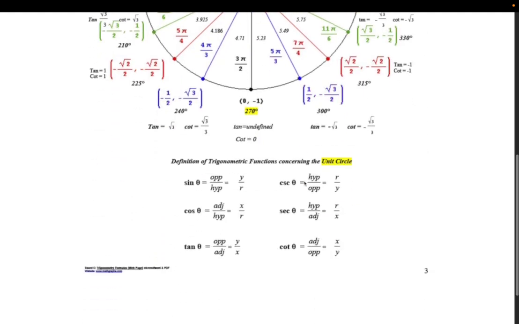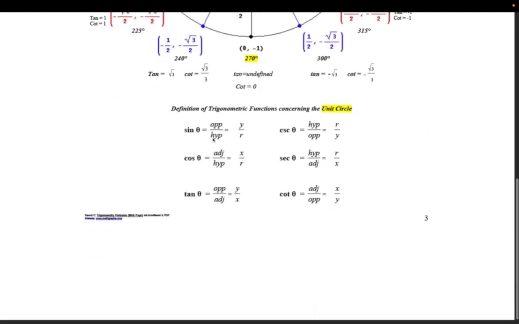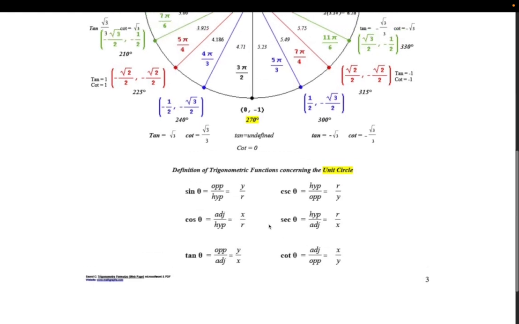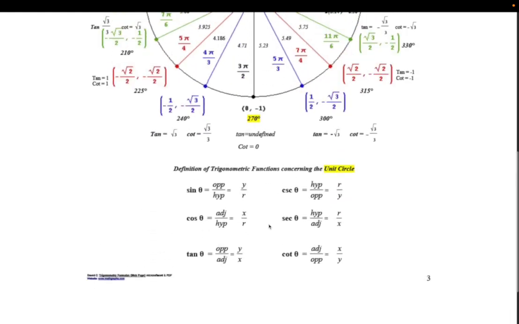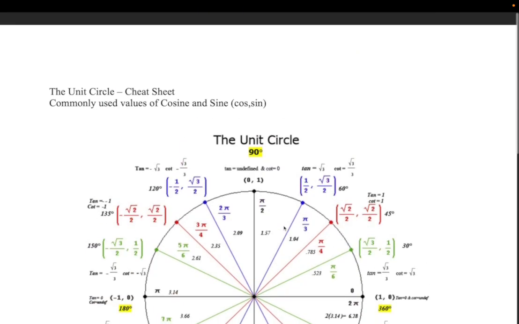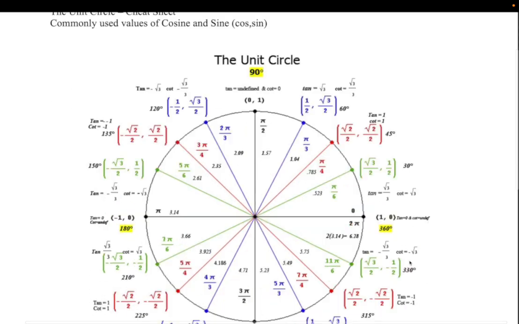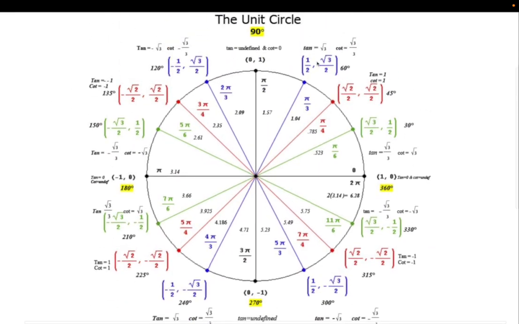There are other things down at the bottom, like the definitions of the trig functions. But the main value here is just reading off the exact values for given angles.